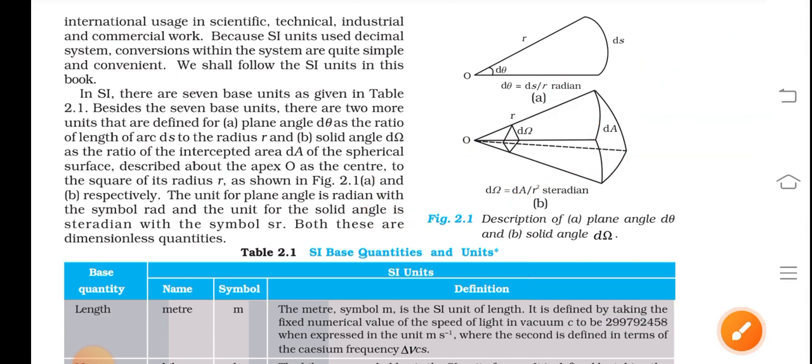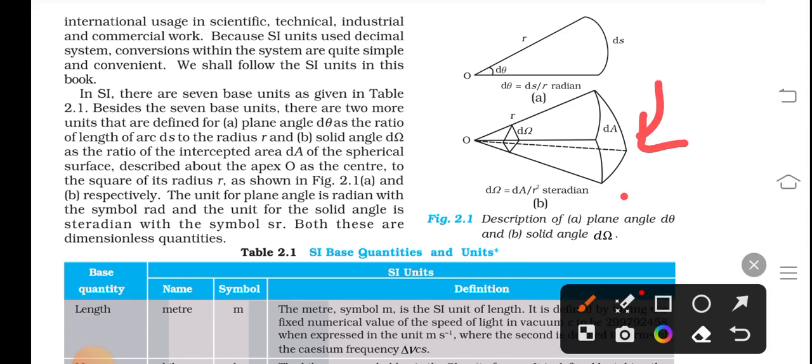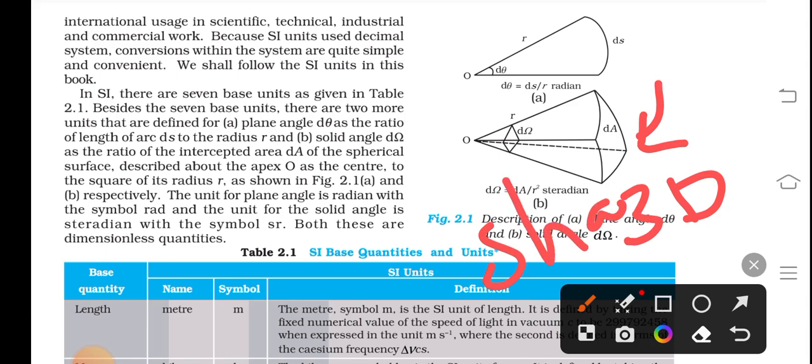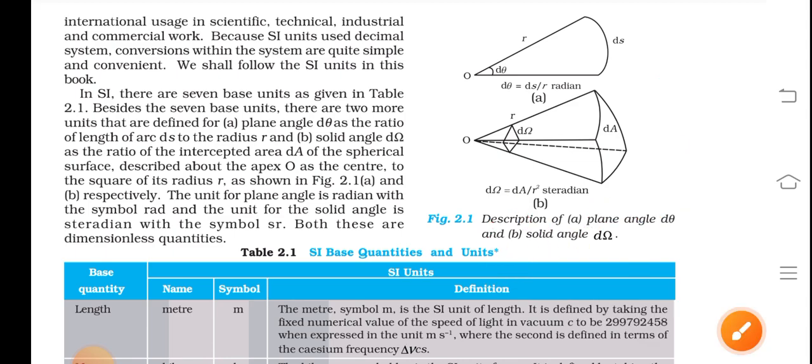Okay, next, solid angle. Solid angle is nothing but a 3D shape. It is the ratio of the intercepted area of the spherical surface described about the apex O at the center, to the square of its radius.